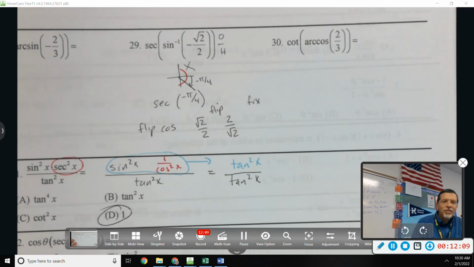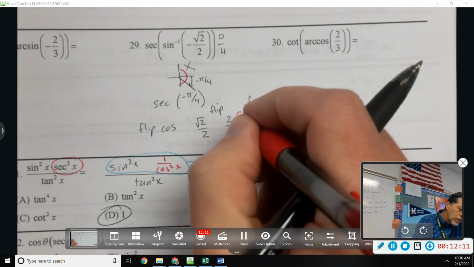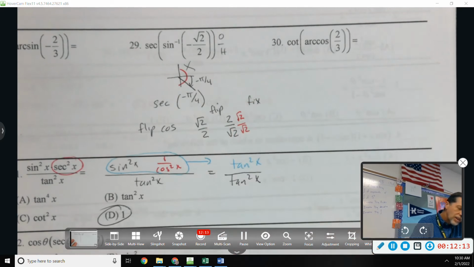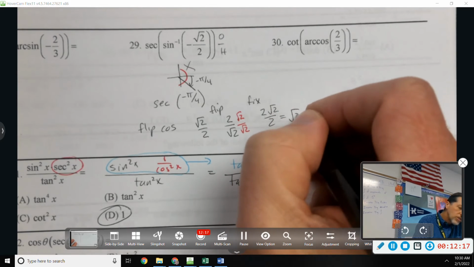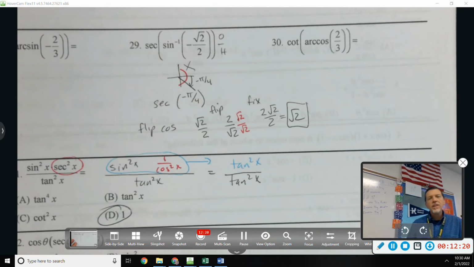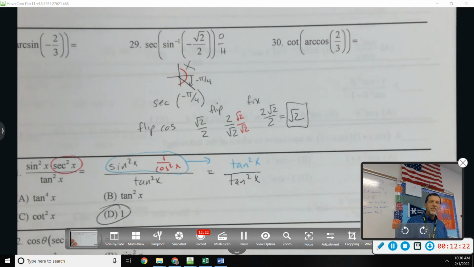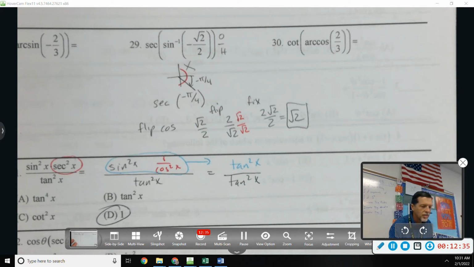So we got all sorts of stuff going on here, and 2's all over the place. So 2 root 2 over 2, which is just root 2. That's a good question. I had to write 2 like 10 times. 2's everywhere. But the flips and the fixes is what got us the 2's there.